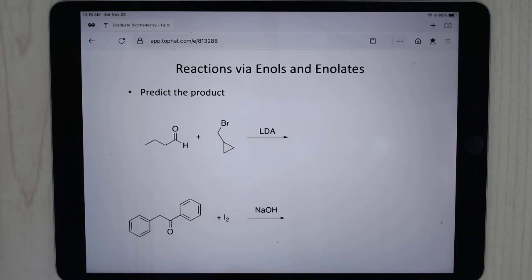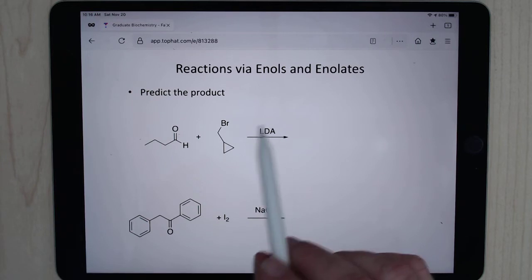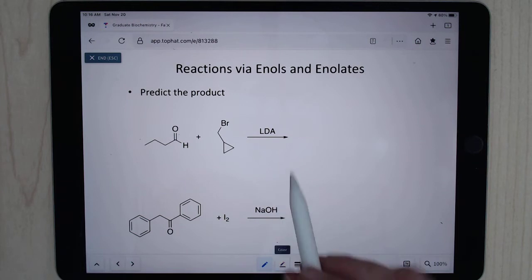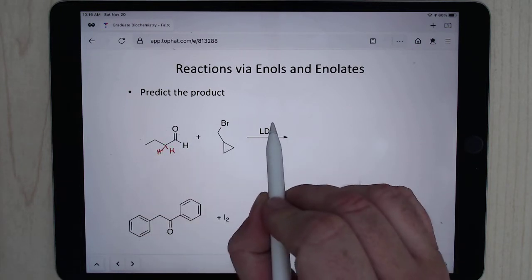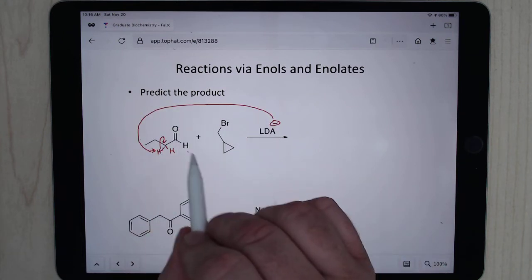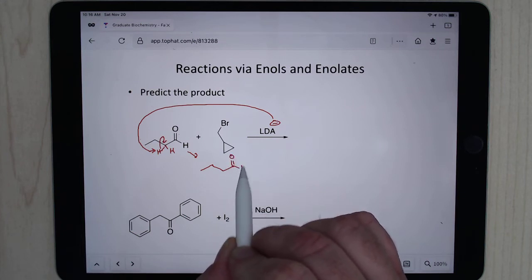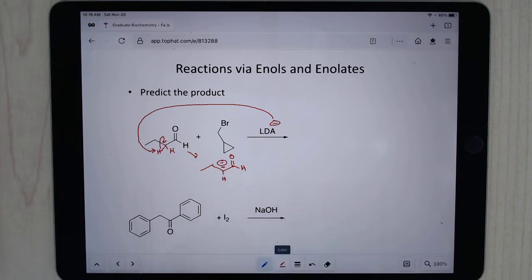Okay. And so if you have something like this, well, this is a really strong base, so you have to look at the most acidic hydrogen. For that, it ends up being right here. So this LDA is going to grab that, and so you're going to end up with that.